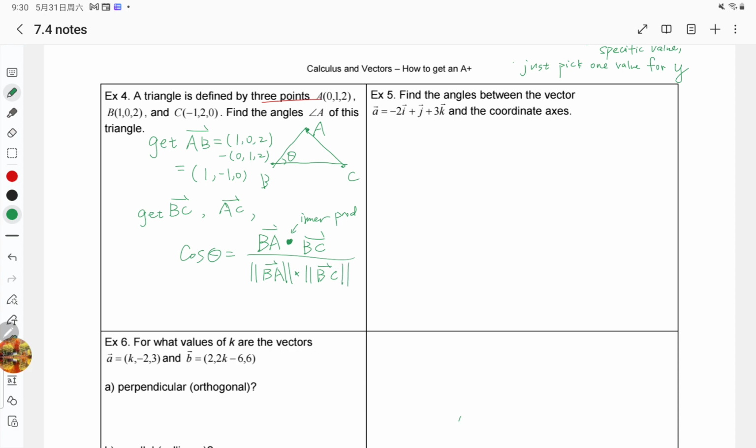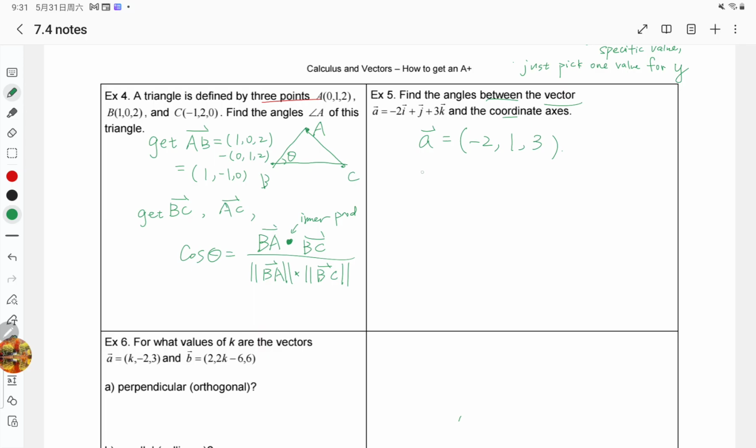And then find the angles, and also find the angles between vectors and the coordinate axis. Yeah, again, this is nothing but using inner product again, right? I also think it's convenient to write it down with components for A = (-2, 1, 3) and the coordinate axis.